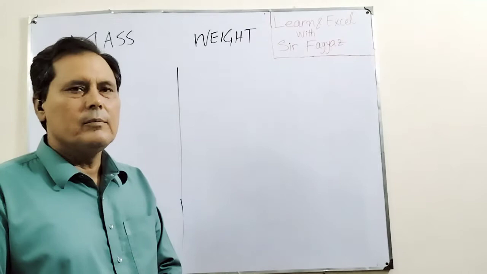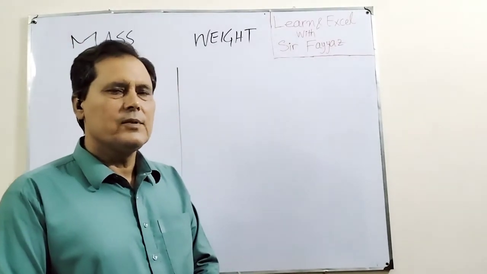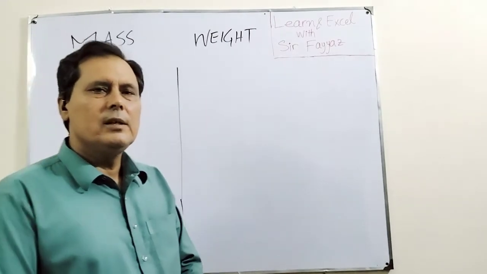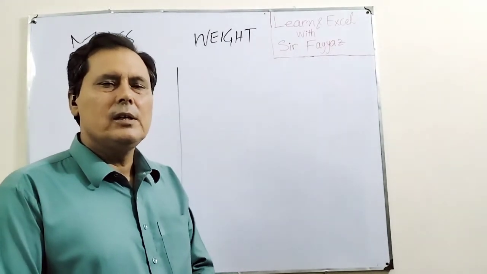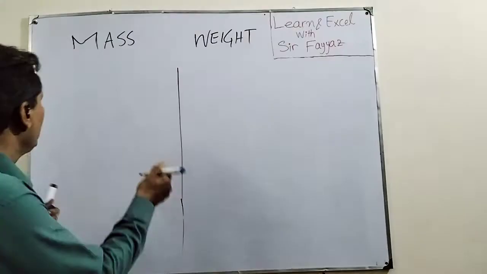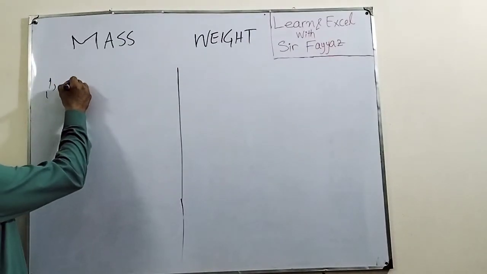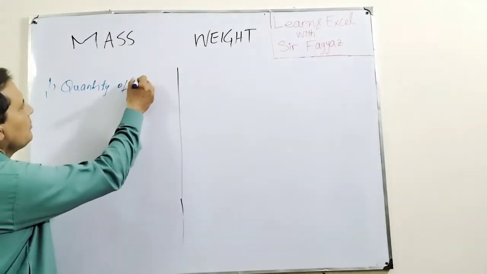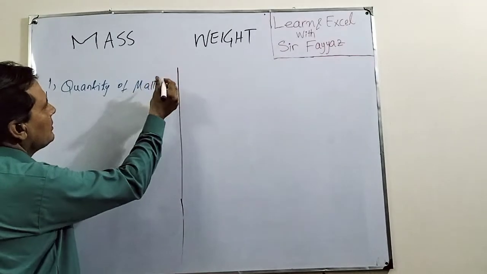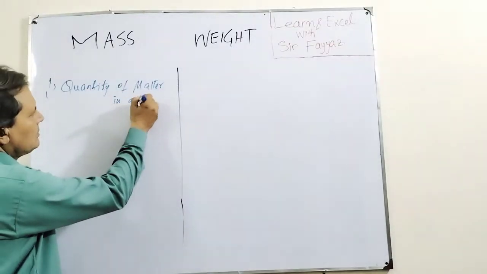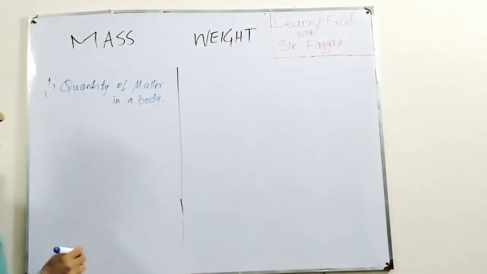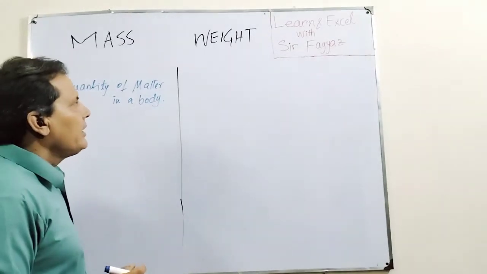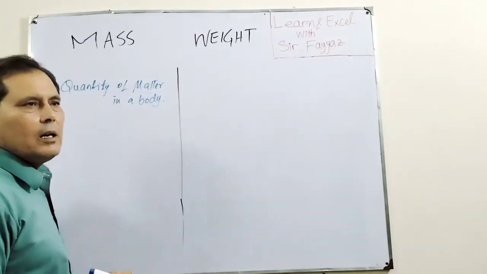So first of all, while differentiating these two terms, we define mass and weight. Number one, mass is the quantity of matter in a body. While weight is defined completely in a different way. It is a force.